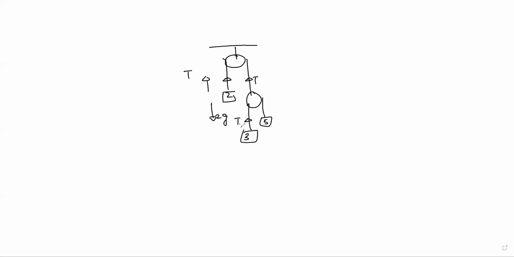This is T1. This is T1. There will be 3G and there will be 5G. Okay, clear? For this particular pulley, we may draw this T, and there will be 2T tension downward, T1 and T1. Okay, so with this, we are nearly at the end of free body diagrams.